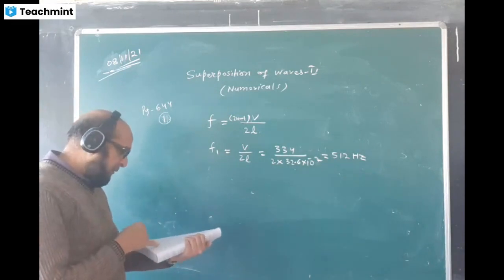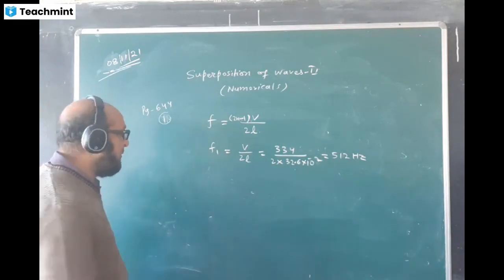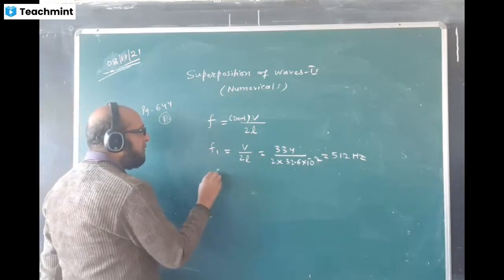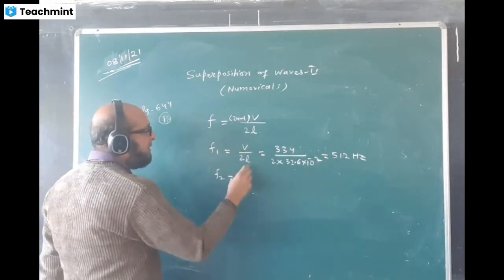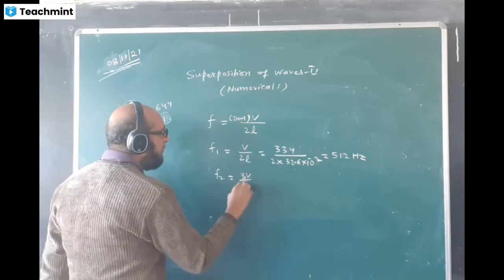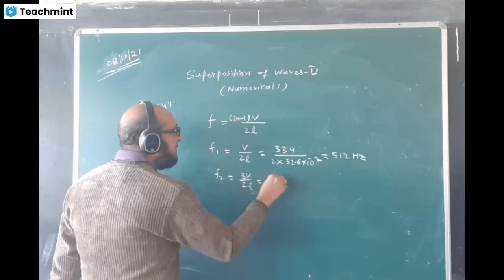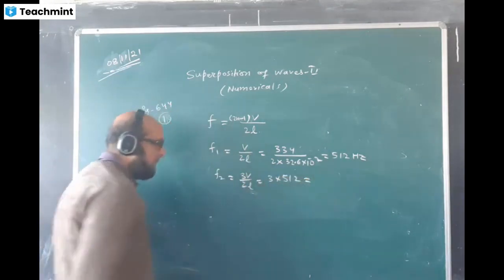Now we have to find the first two overtones. First overtone is F2. F2 will be, second odd number, 3V by 2L. The second answer will come 3 times of this answer, 512.